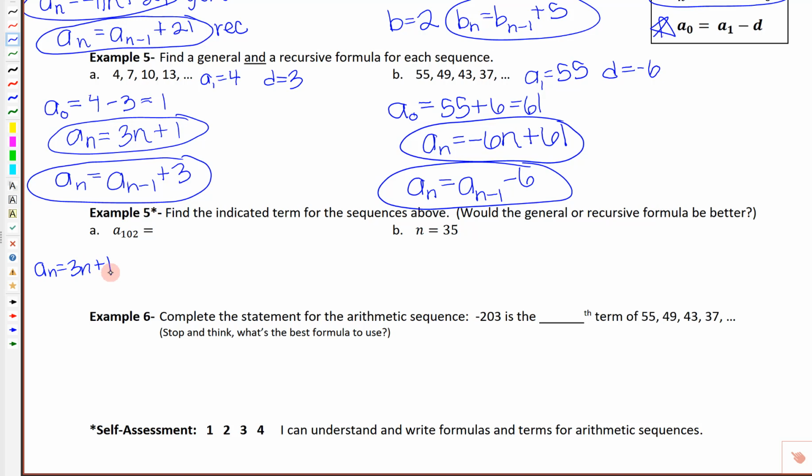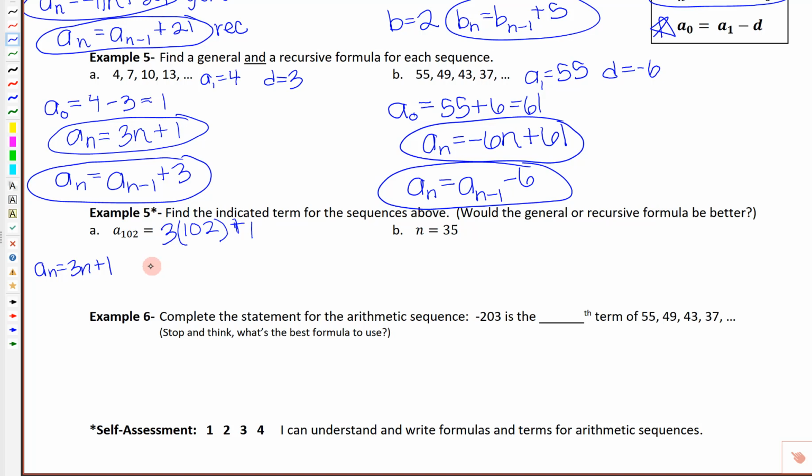Okay, and we want to figure out the 102nd term. So we're going to say a sub 102 equals 3. And since they plugged in 102 for this n, telling us what term it was, we're going to plug in 102 here, 102 plus 1.